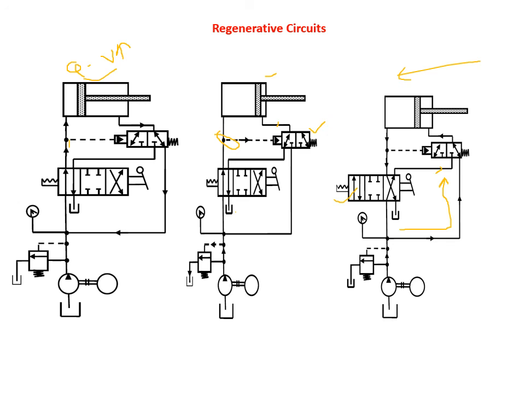So because of this extra path which needs to be followed by the fluid, you can say that the velocity of extension in this circuit will be greater than the velocity of retraction. Okay, so velocity of extension will be greater than velocity of retraction in this case.